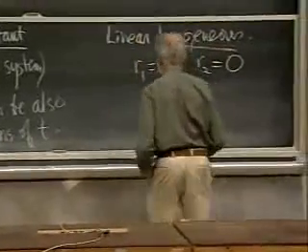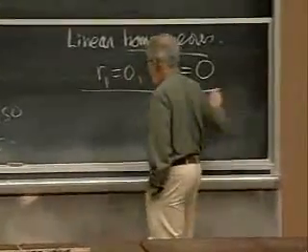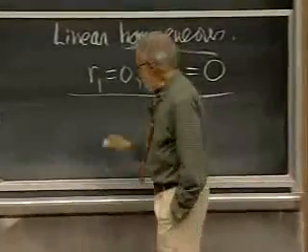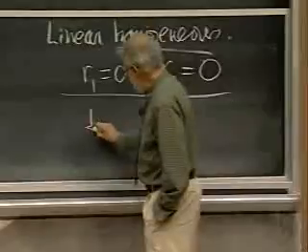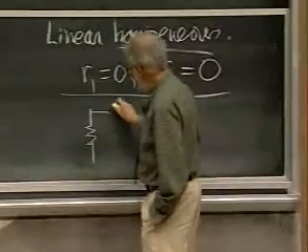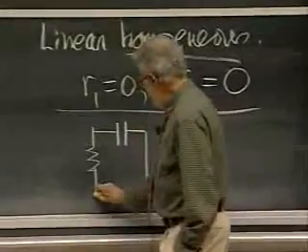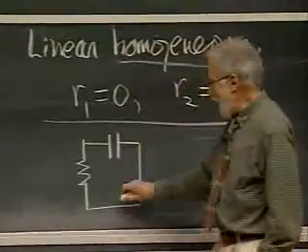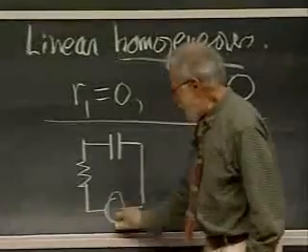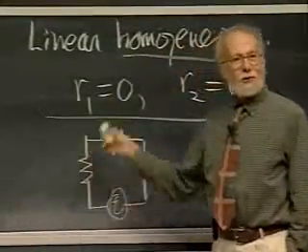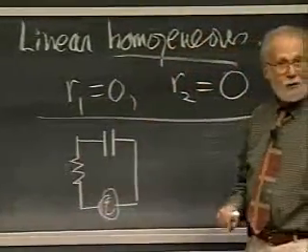Or, to give something closer to home, closer to this blackboard anyway, suppose you've got something that looks like that, and next to it, put an EMF there. Okay, that's just a first order. That just leads to a single first order equation.